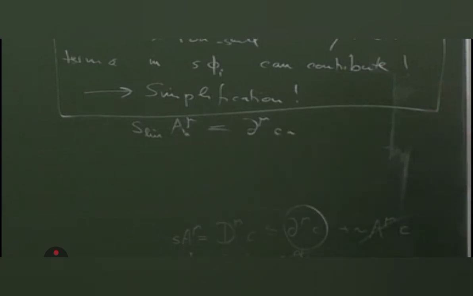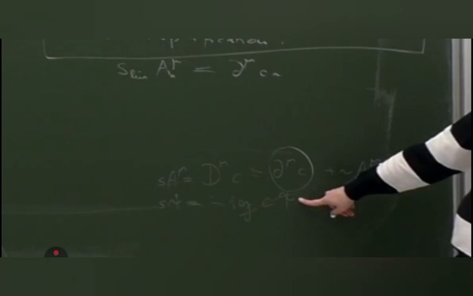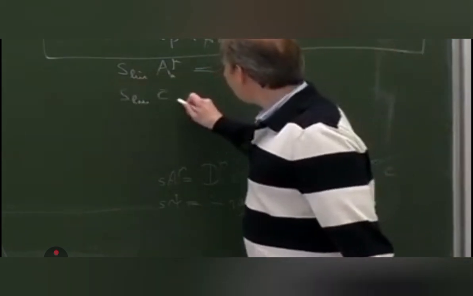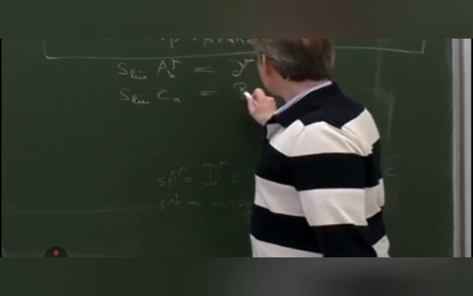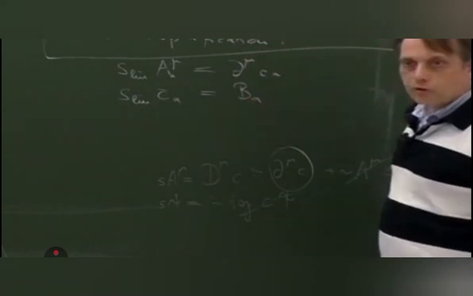What other linear BRST transformations are non-zero? For example, quark BRST transformations become zero. What else is non-zero? Right, S linearized on C bar gives B, that is linear, and S of B is zero.